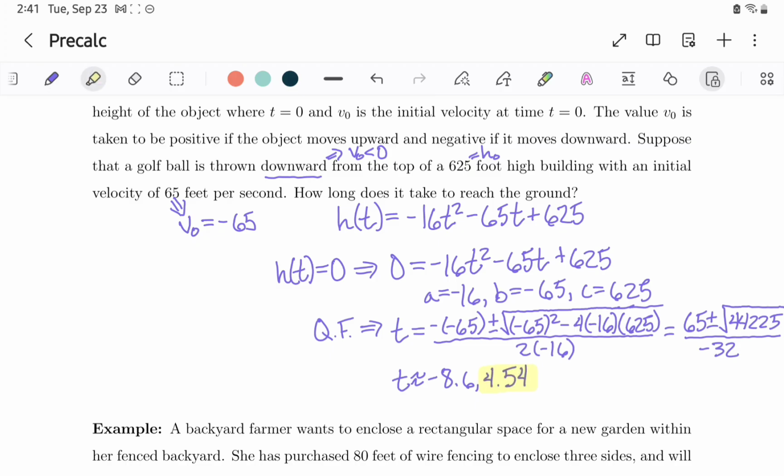So the ball will reach the ground after approximately 4.54 seconds.